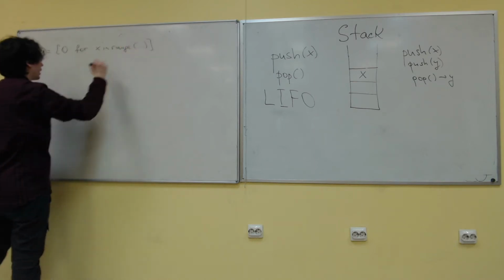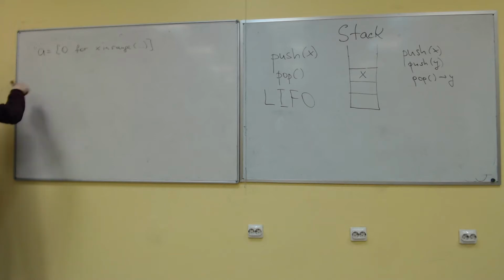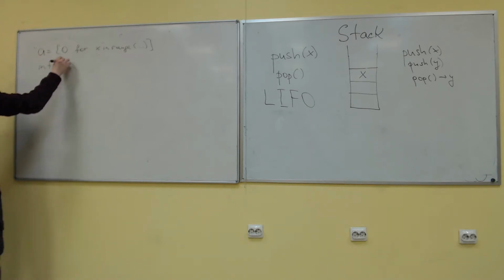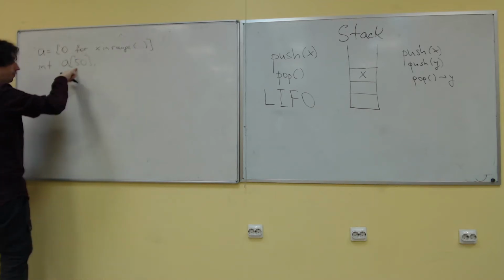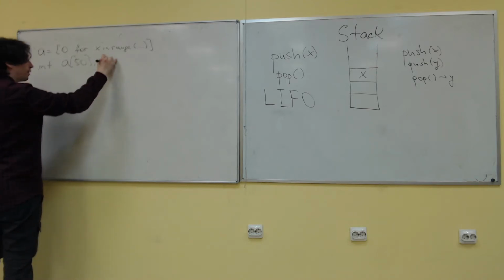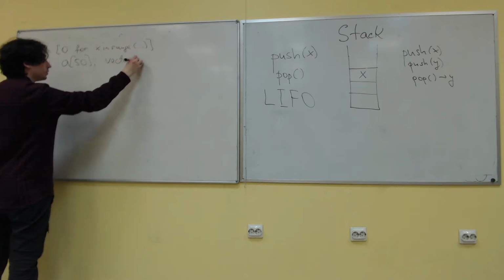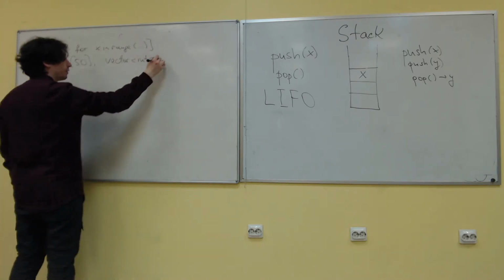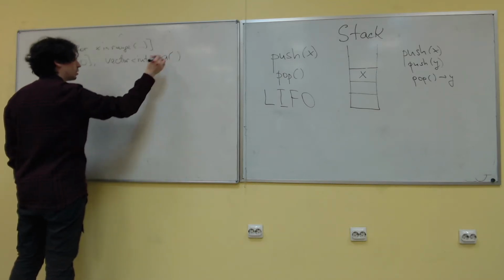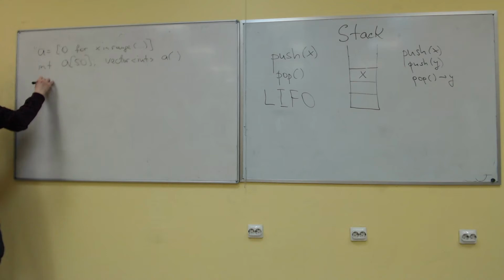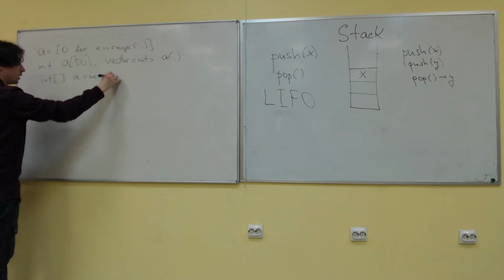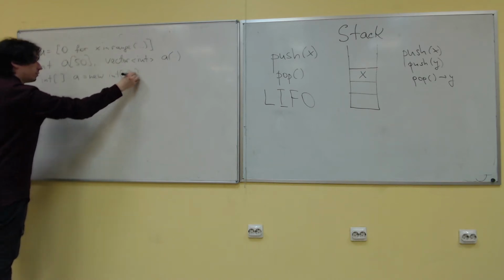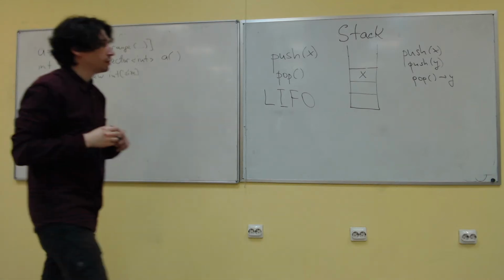For C++ it is either like this with the full value, or with a preliminary calculated length of the array, or a vector with some capacity. And in Java it is int a equals new int of some size. So this is an array.